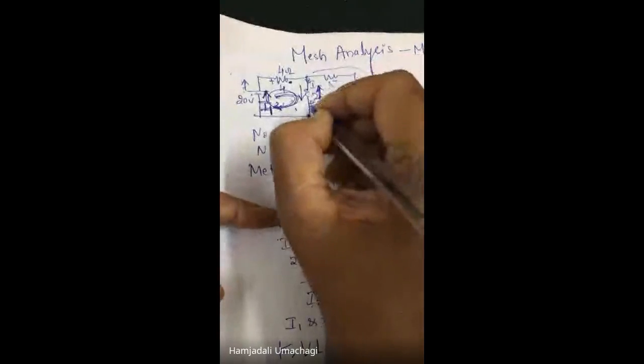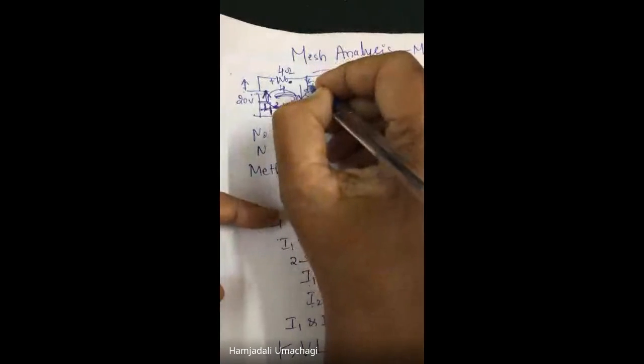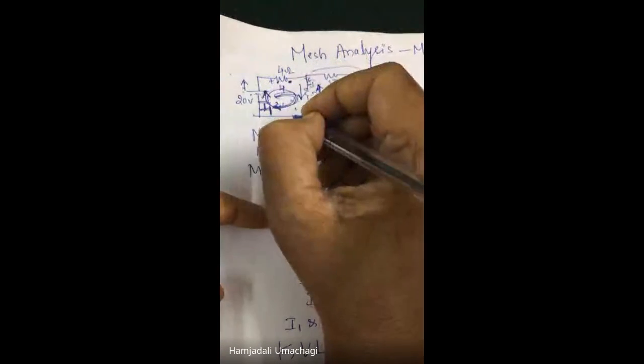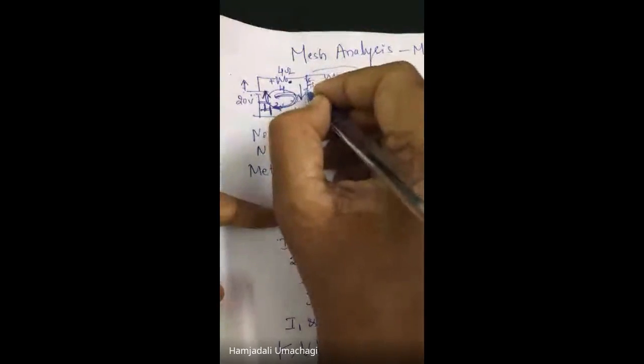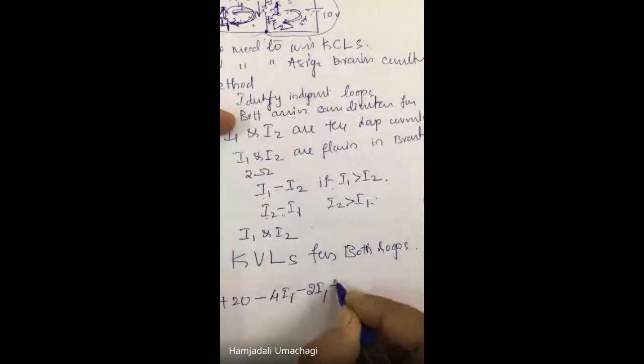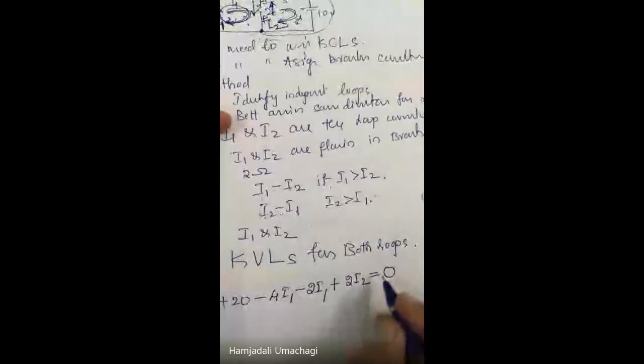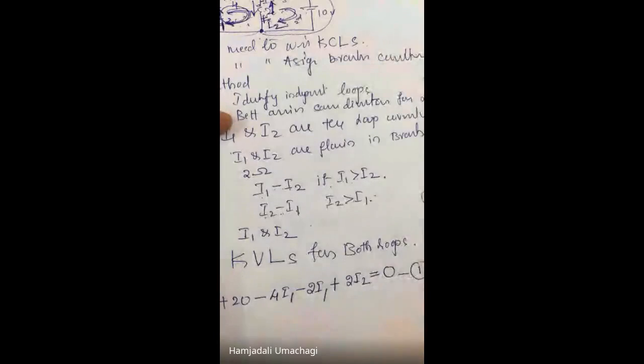Thus, this is positive, this is negative. I am moving in a clockwise direction. With respect to the potential of I1, it will be plus 2I2 equal to 0. This is KVL 1.